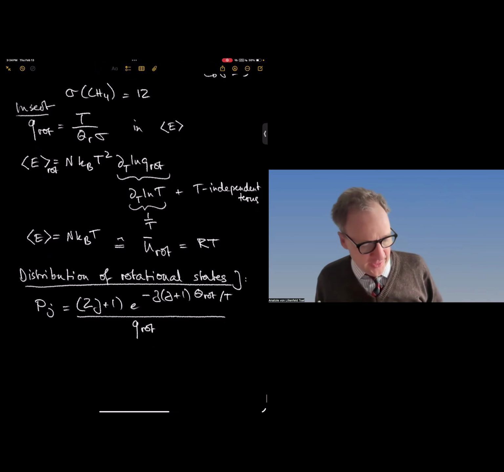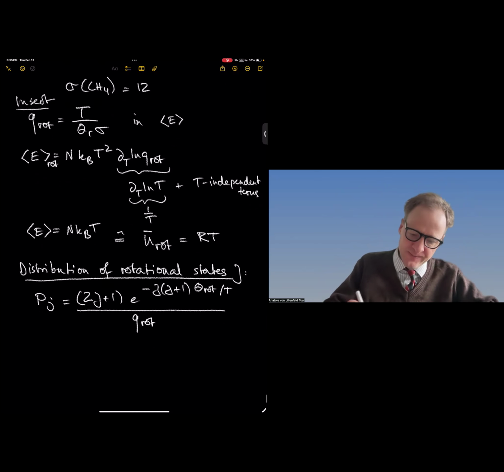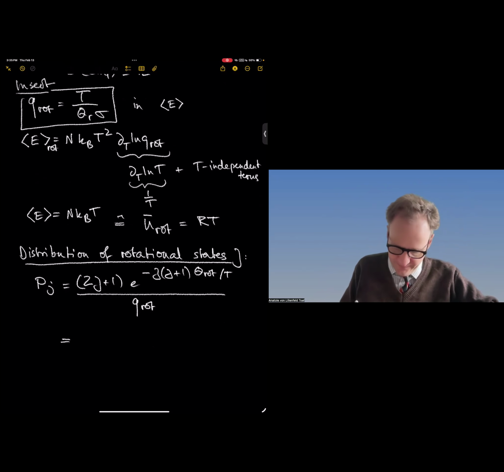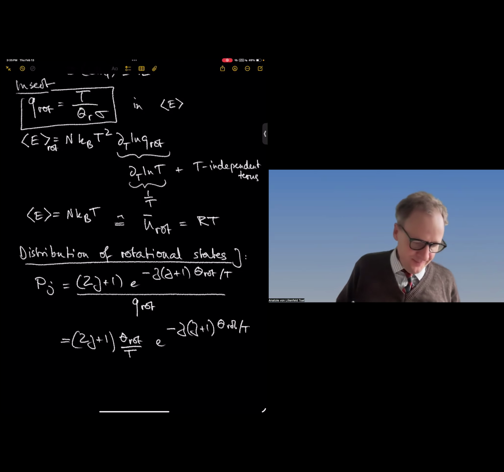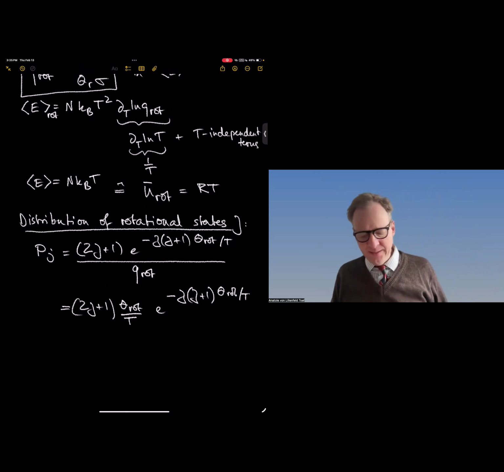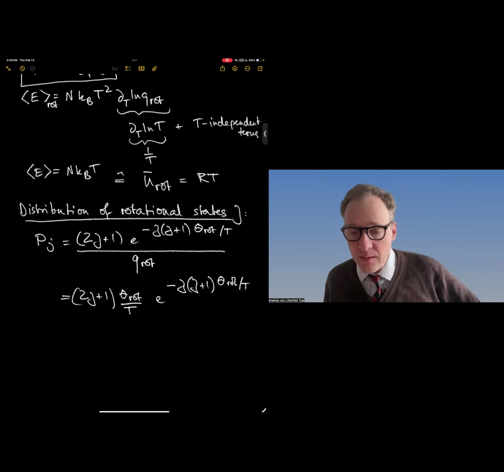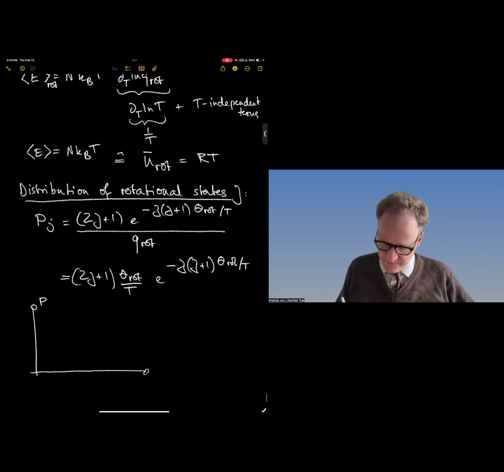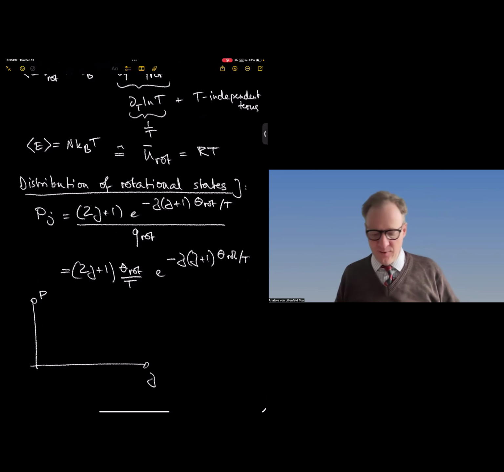Now we can insert our q rot, our expression here, and we find 2J plus 1 times tau rot divided by T, e to the minus J times J plus 1 tau rot over T. And so you can find the P as a function of J. So with increasing J, our energy goes up.